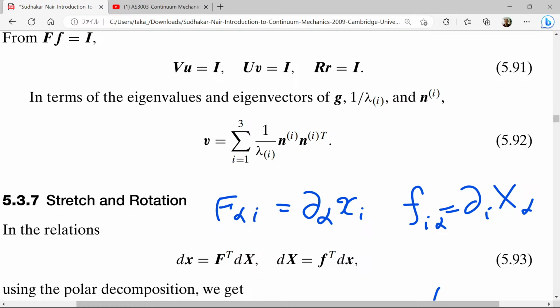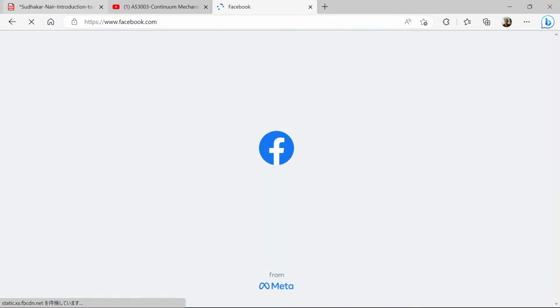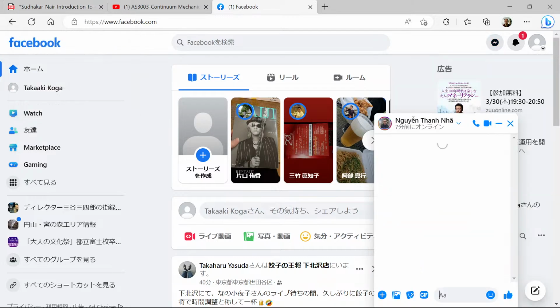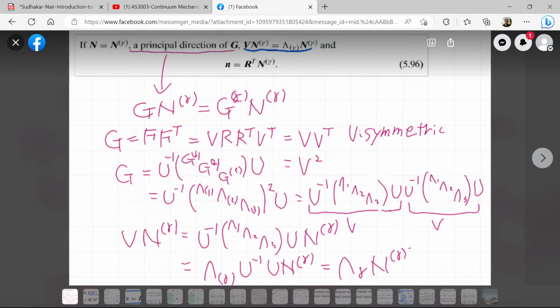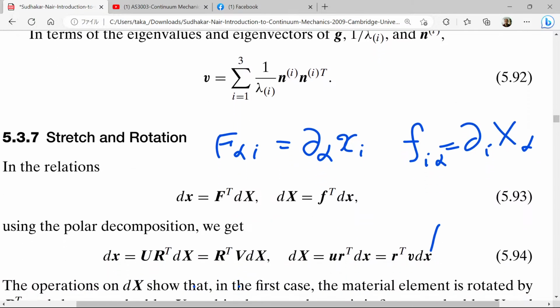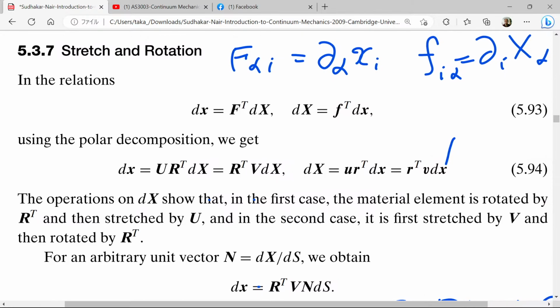I think I have some note. Let's see. Is this another thing? I think, okay, this is another thing. Okay, here we do stretch and rotation.